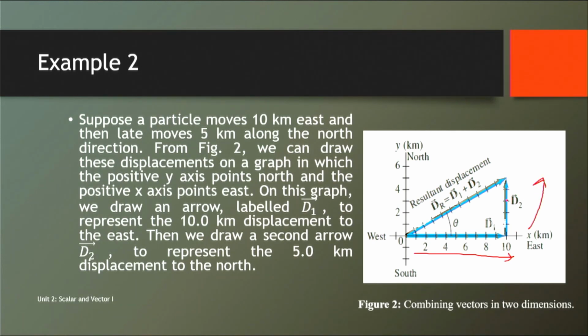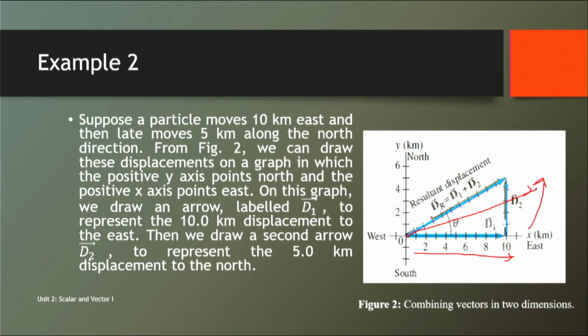So these are vectors that are perpendicular to one another. How do we determine the resultant of the vector? We draw the resultant vector as the line joining these two vectors, and this gives us our dr, which is the sum of vector 1 and vector 2.